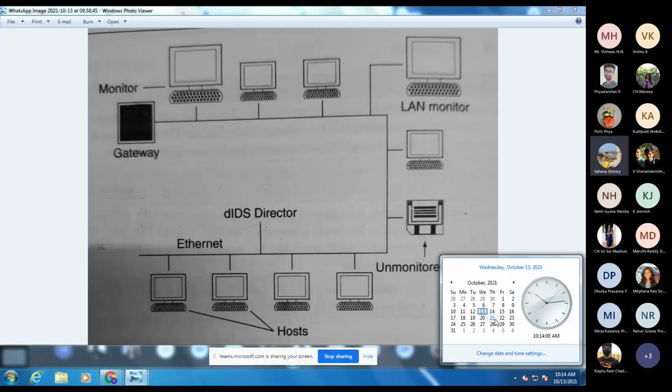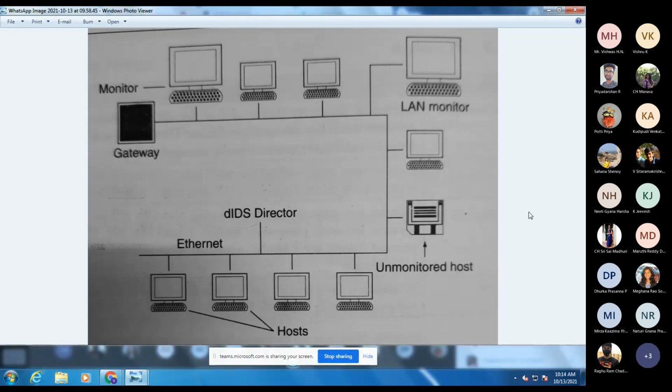So shall we have the complete IPsec chapter for this quiz? Okay, whatever I have discussed under IPsec, the complete IPsec we will have for the quiz.